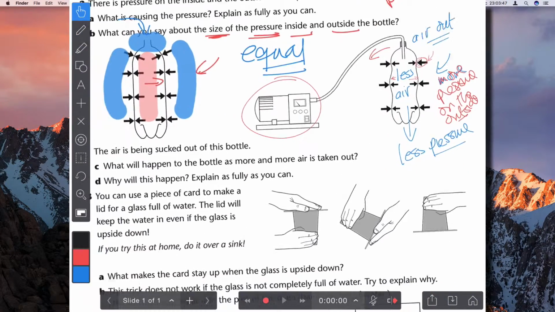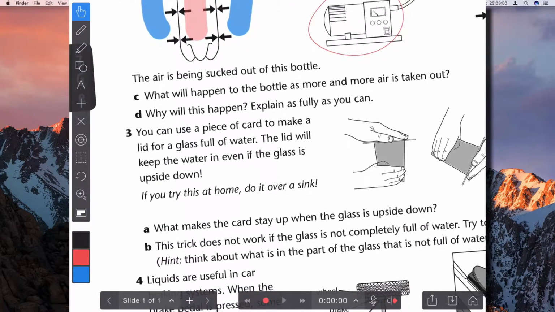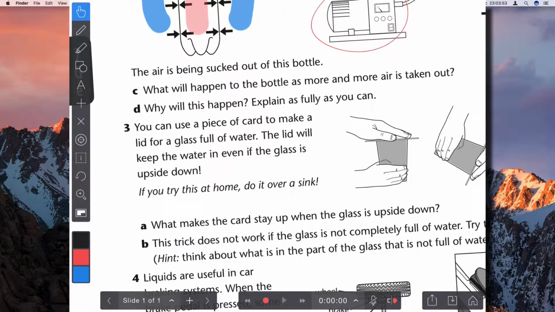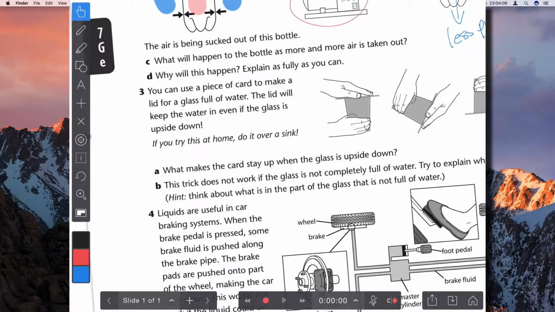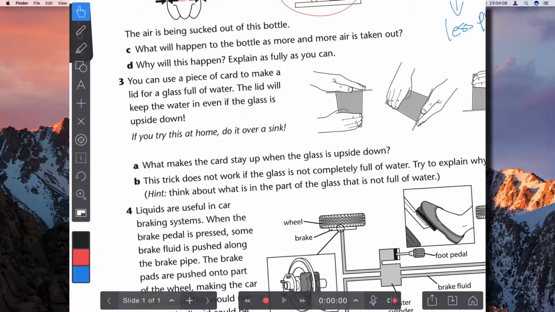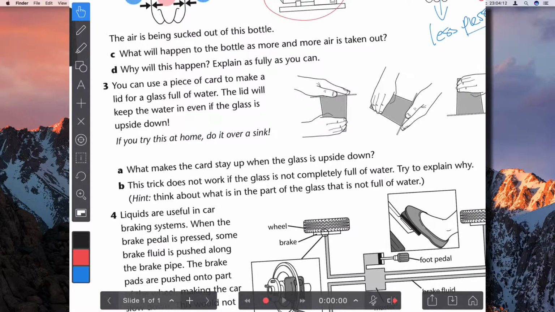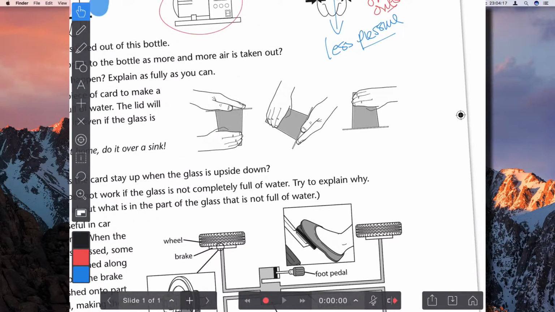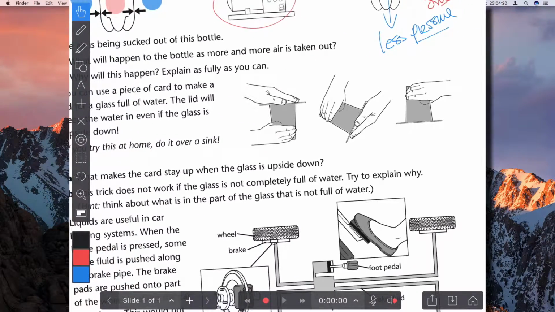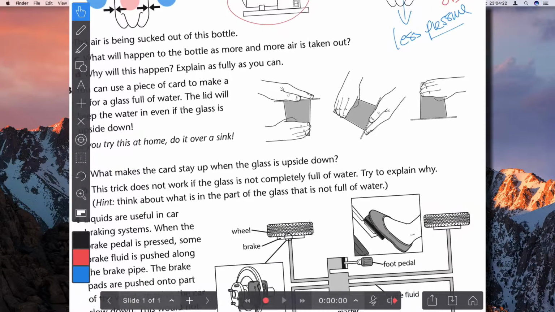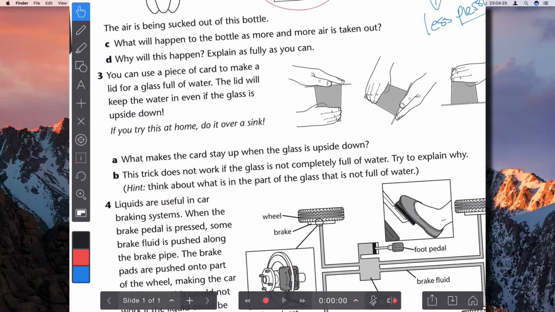Now you can use a piece of card to make a lid for a glass full of water. The lid will keep the water in even if the glass is upside down. If you try this at home, do it over the sink. What makes the card stay when the glass is upside down? There is atmospheric pressure on the lid, on the piece of paper, on the card.